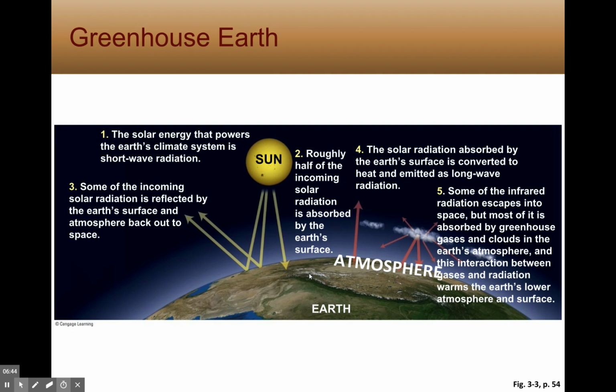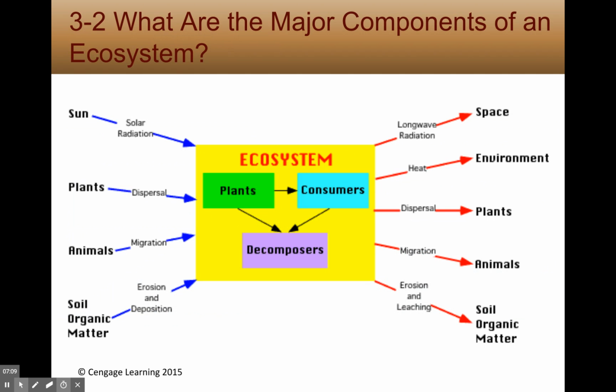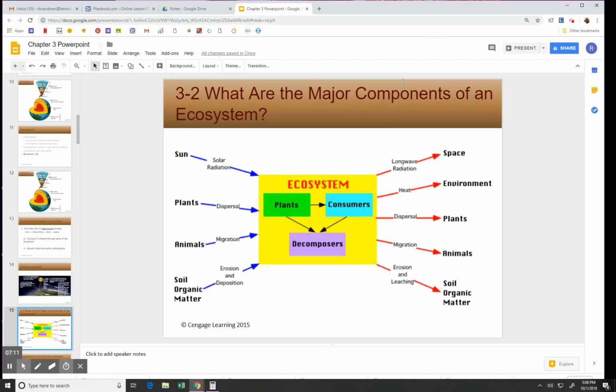Out of that 50% that is absorbed, some of that is converted to heat and emitted as longwave radiation. And some of that infrared radiation escapes into space, but most of it is absorbed by those greenhouse gases and clouds in our atmosphere. And this keeps the Earth warm and keeps us viable here for life, so that it doesn't get too cold. All right, so we're going to stop here.